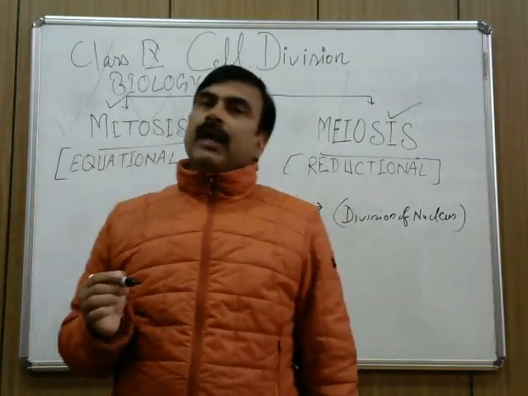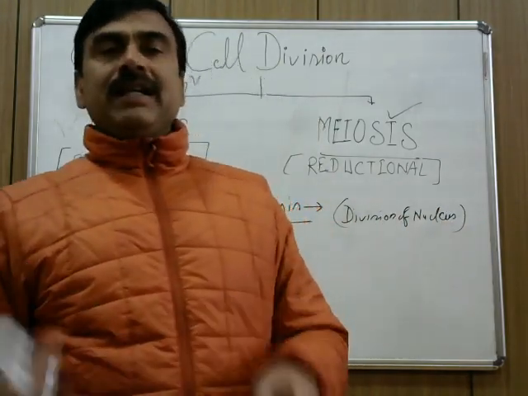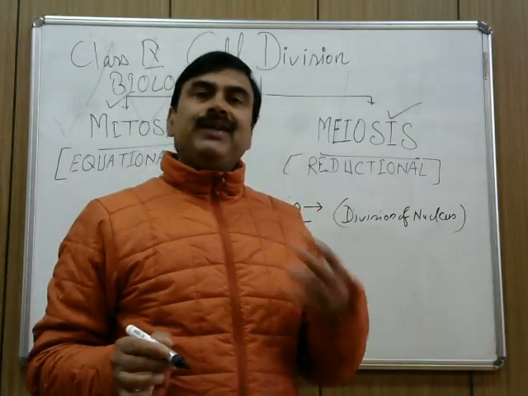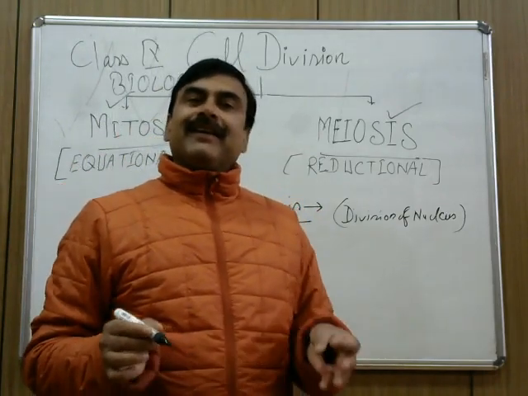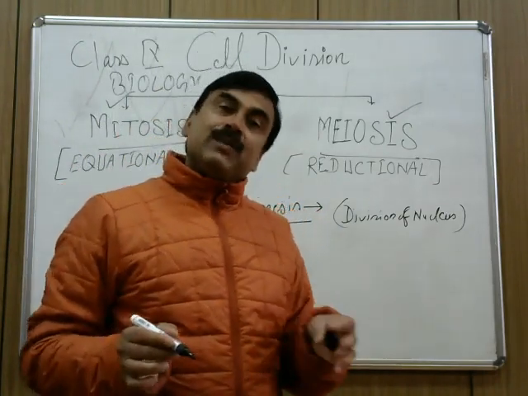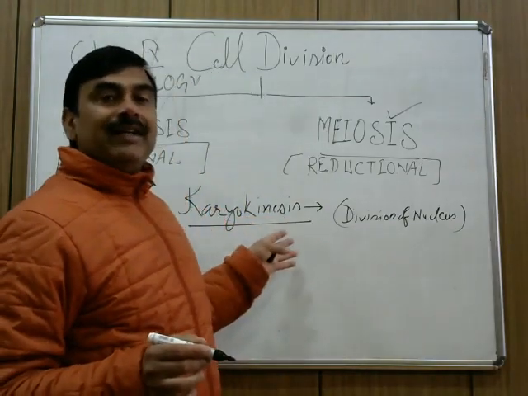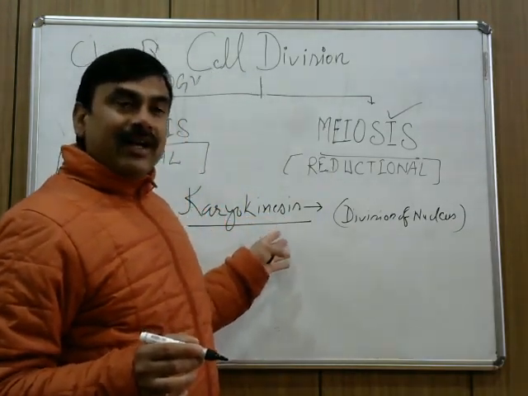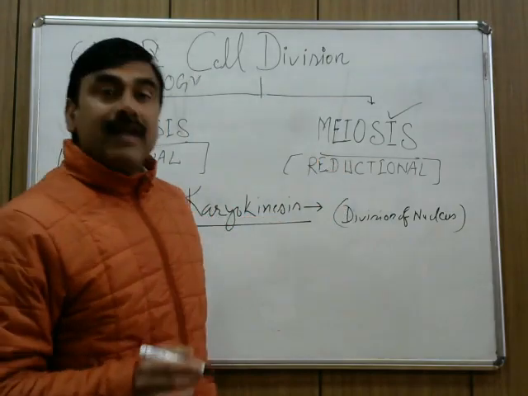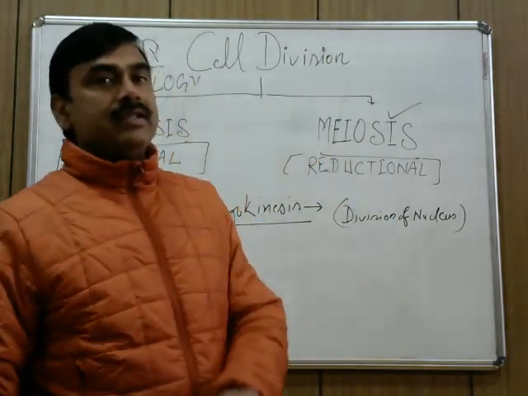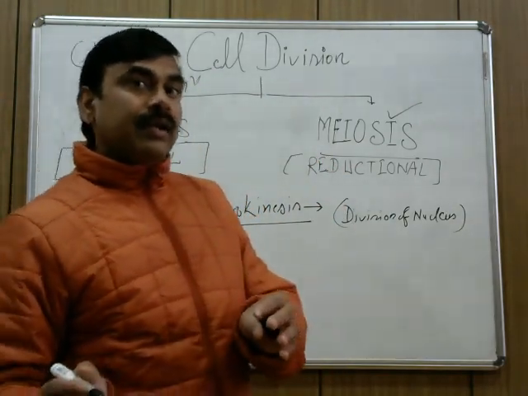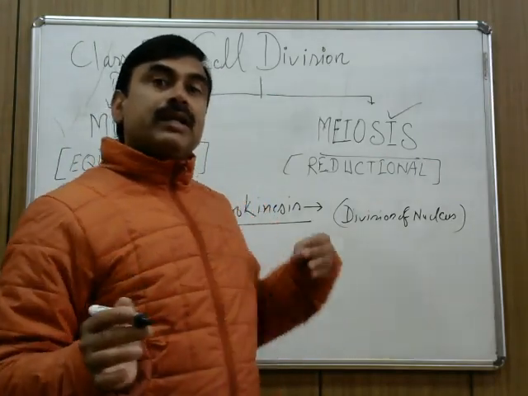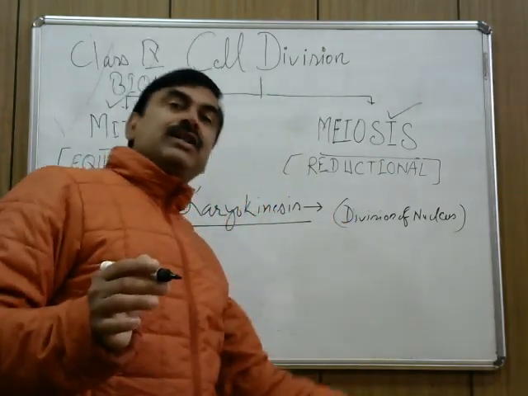Okay? And the second term which is related with this division, the second one, takes place after the karyokinesis. Karyokinesis is followed by cytokinesis. Why am I giving a little bit of pause? Karyo and then cyto.